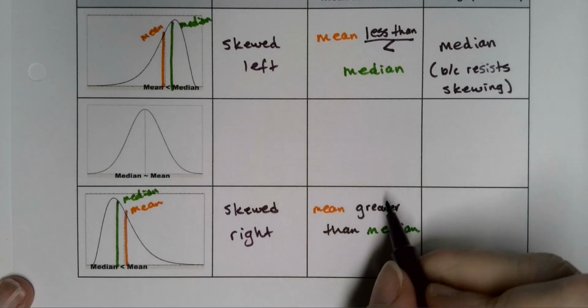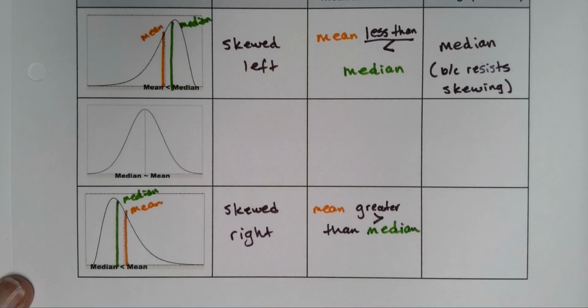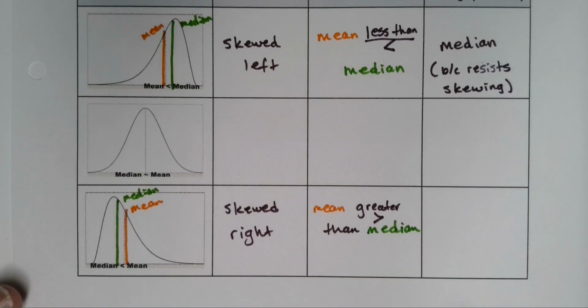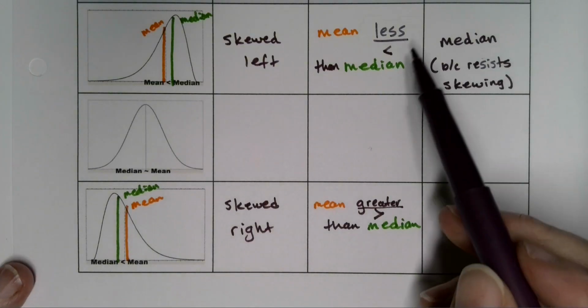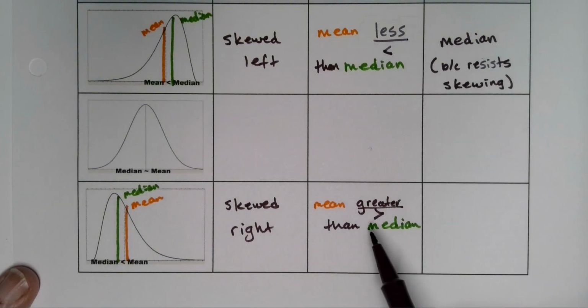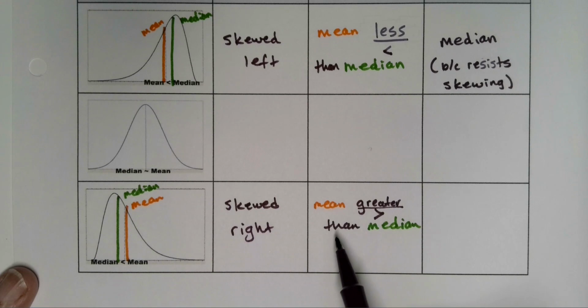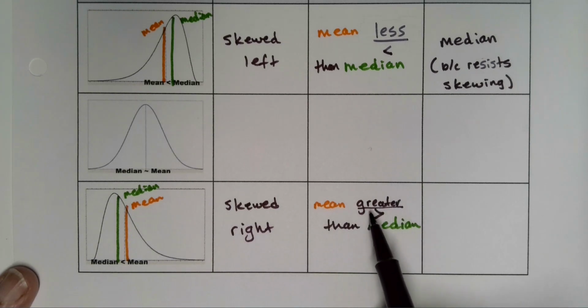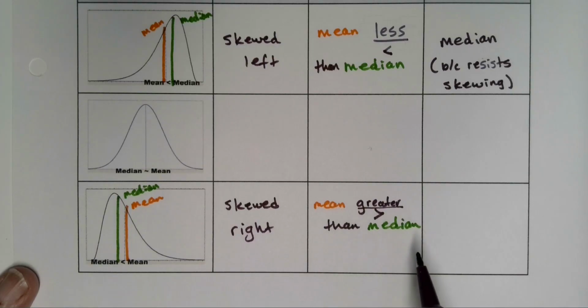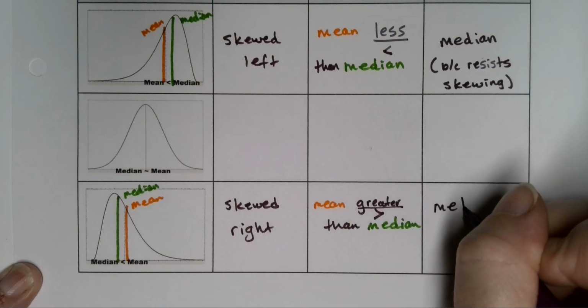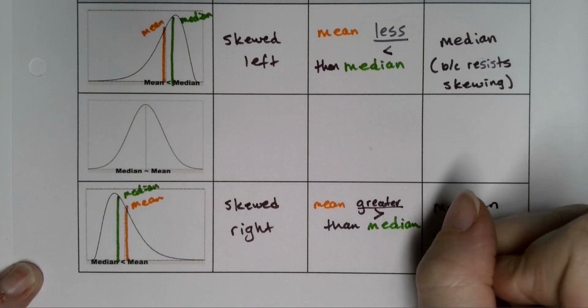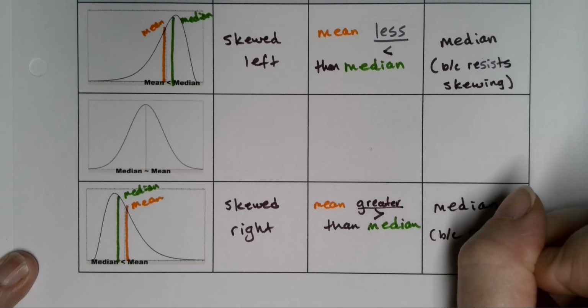Less is this symbol, greater is this symbol. So if the mouthy end is eating the mean, then it's bigger. And again, the median would be the better measure of center because it resists skewing.